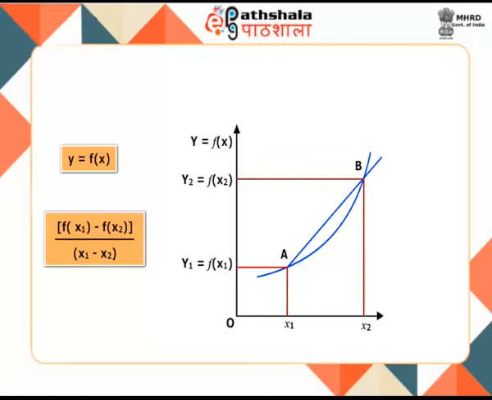We can see this ratio is equal to the slope of the chord AB, which passes through the points x1, y1 and x2, y2.